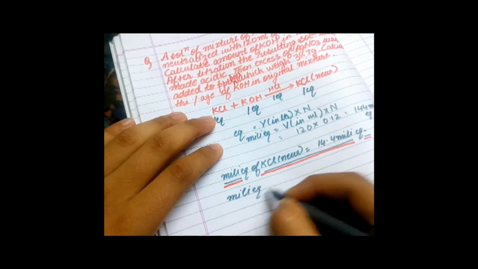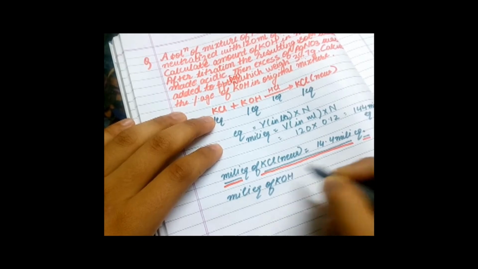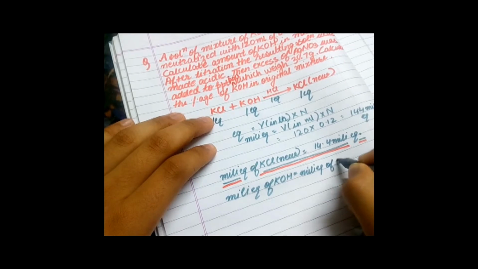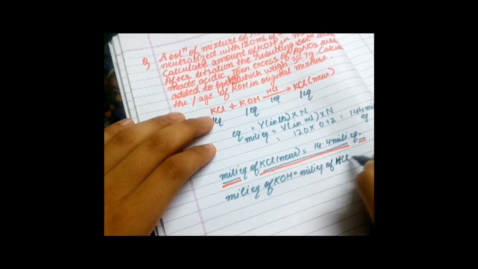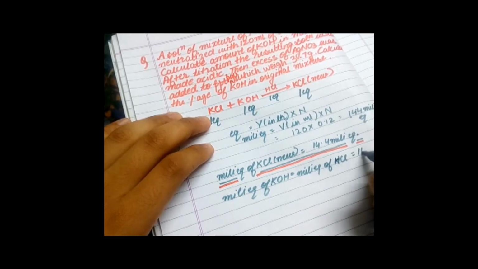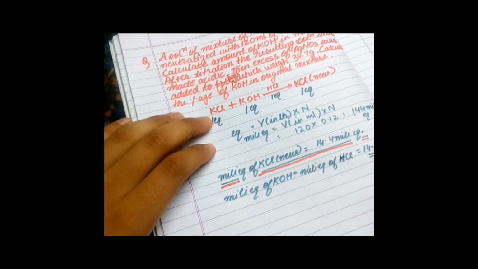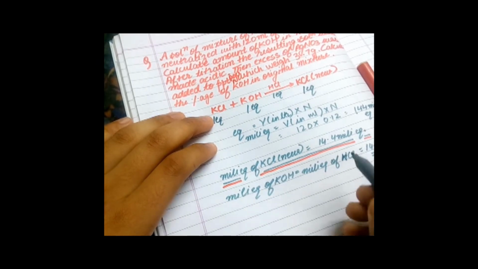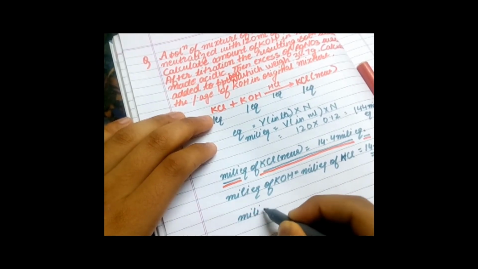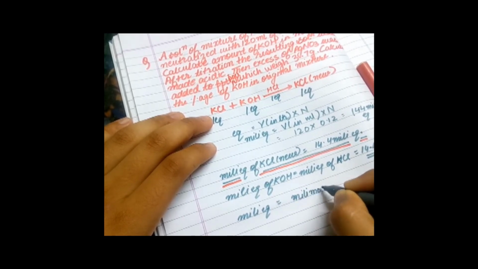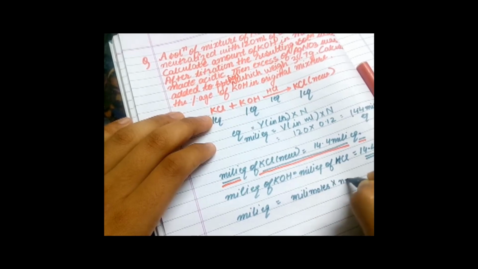And from here we can easily calculate the milliequivalents of KOH also. Milliequivalents of KOH is equal to milliequivalents of HCl, which is again equal to 14.4. And so now we have the milliequivalents of KOH. Now my friends, there is another formula that the milliequivalents is equal to the millimoles into the N factor.